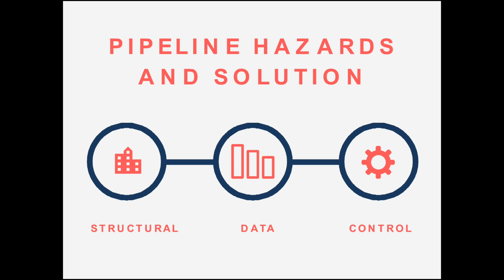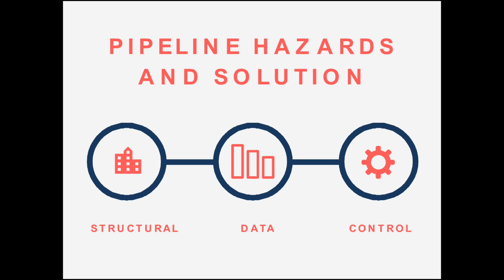Either it can be caused by hardware resource contention, or number two, using the same resource by two instructions during the same clock cycle. A data hazard is caused when an instruction depends on the result of a prior instruction still in the pipeline that did not write back its result into the register file. And finally, control hazards. Control hazards are caused by two main effects: instructions that change control flow, and number two, delays in changing the flow of control.